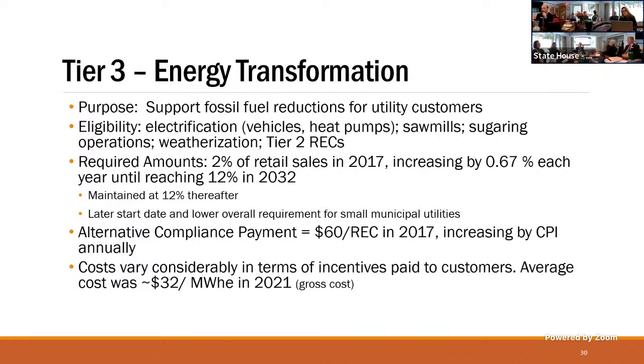And then to the extent that your portfolio is dirty, you would get a penalty, because you're adding electric consumption that then is emitting greenhouse gases or using fossil fuels.